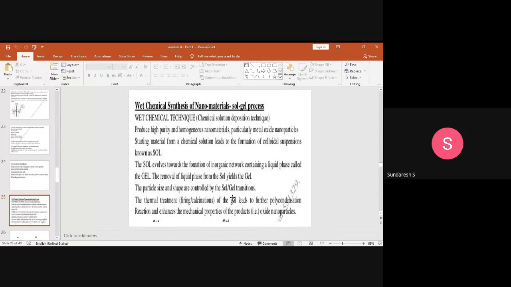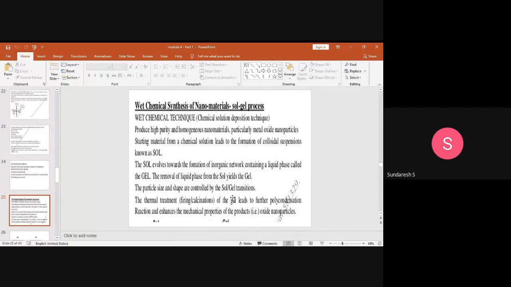Okay, the particle size and shape are controlled in sol gel transitions. This is one of the most important things you're supposed to remember when you want sol gel transitions. The particle size and the shape matter a lot, so they need to be controlled.